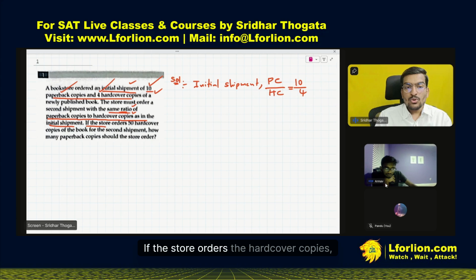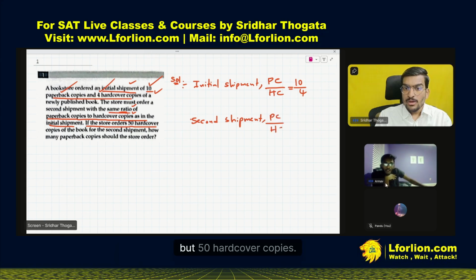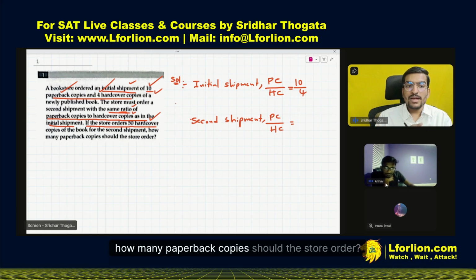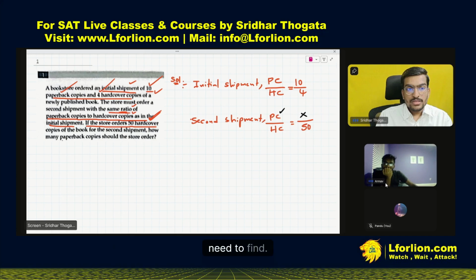If the store orders 50 hardcover copies, they said the second shipment is in the same ratio. How many paperback copies should the store order? So hardcovers are how many? 50. The value of the paperback copies is what we need to find.